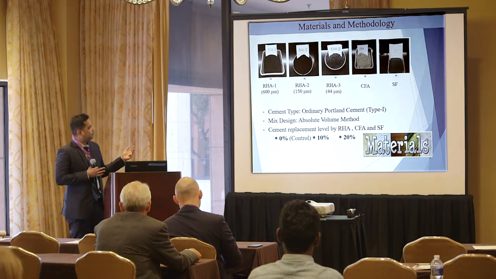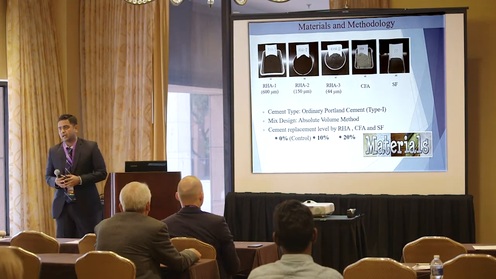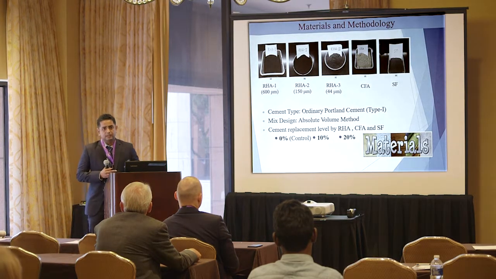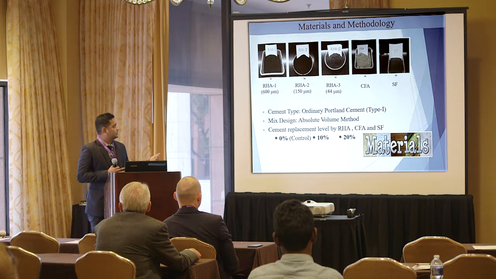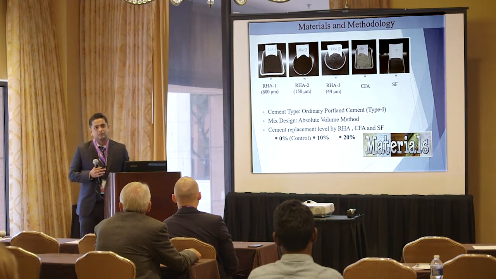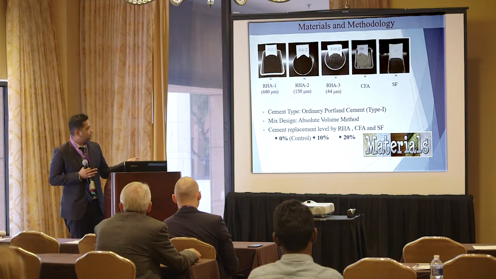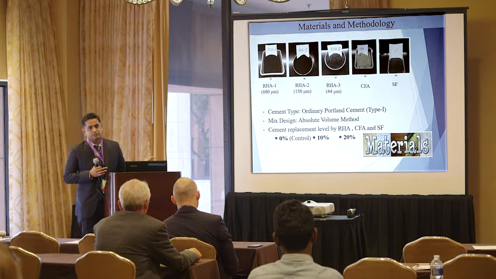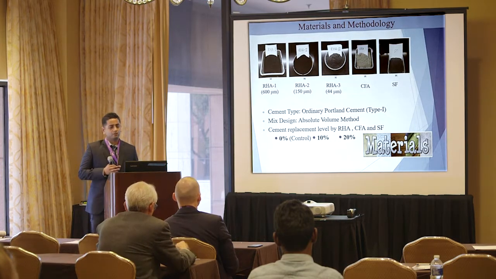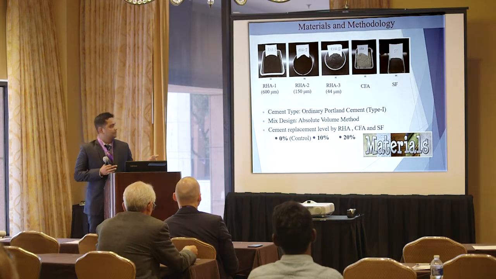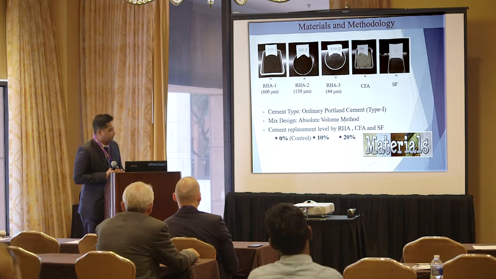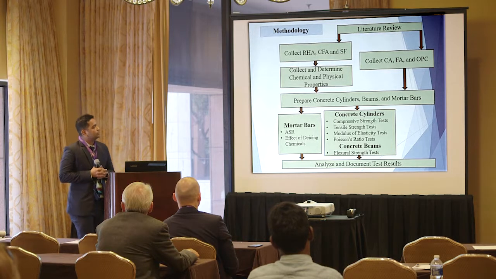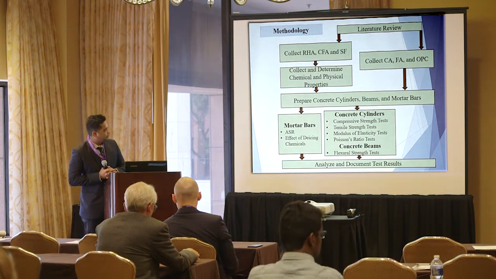I distinguish them as RHA1, RHA2, and RHA3 according to particle size: RHA1 is 600 micrometer particle size, RHA2 is 150 micrometer, and RHA3 is 44 micrometer.